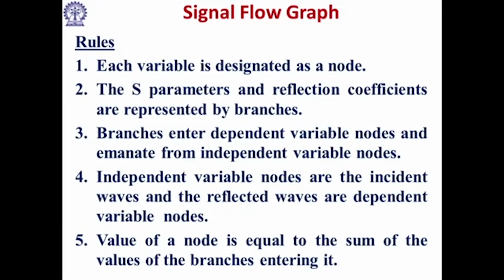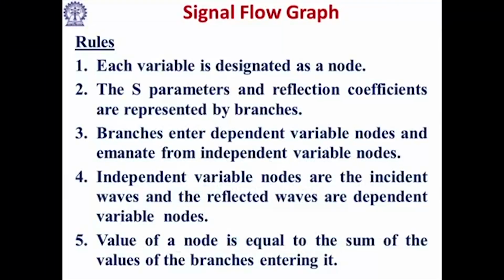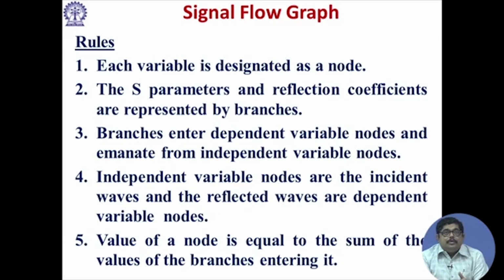But you know that as in case of Smith chart or scattering parameters, we have seen that if we want to use a tool, we need to learn its rules, because under certain rules this whole thing becomes elegant. If we do not follow those rules, then the elegance turns to be a blackmail. So, that is why these rules are introduced here, that each variable, that means variable in a network, you have seen that it can be either V1 plus or V2 plus or V1 minus.